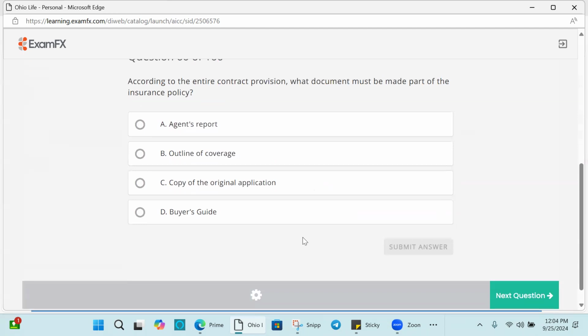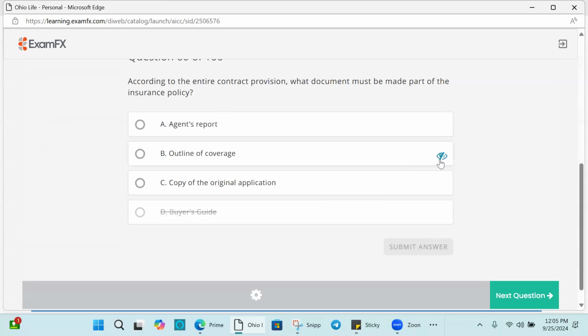According to the entire contract provision, what document must be made part of the insurance policy? Agent's report, outline of coverage, copy of original application, buyer's guide. There's nothing such as a buyer's guide.